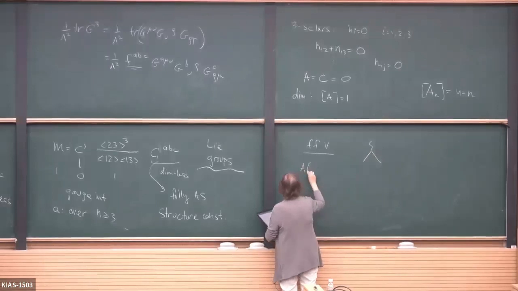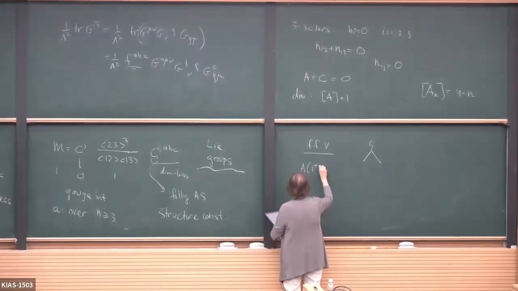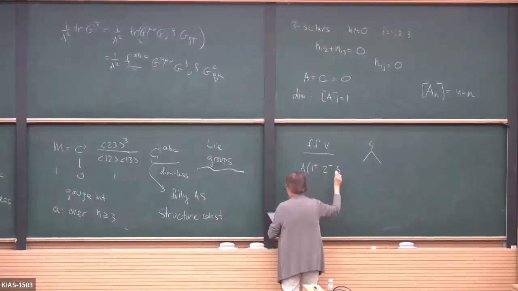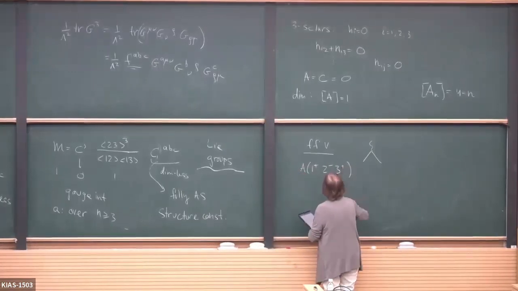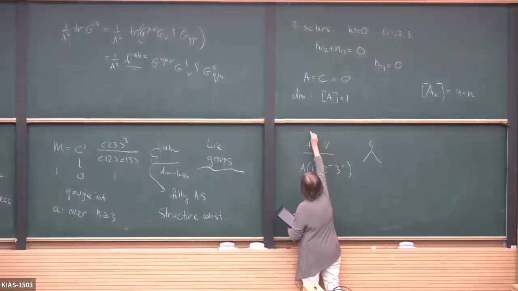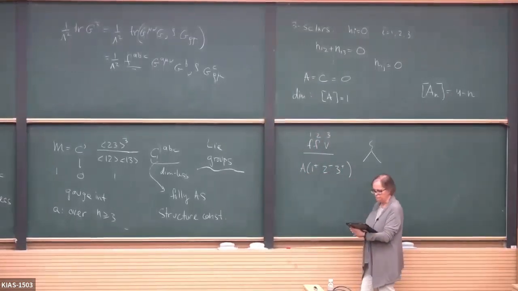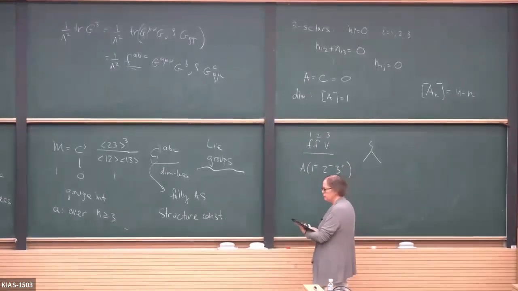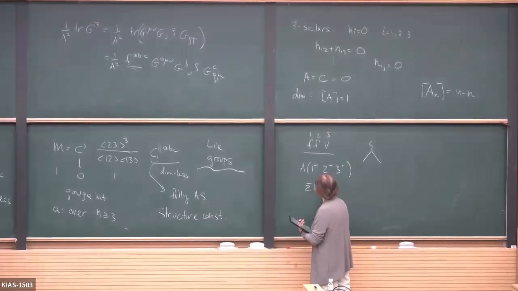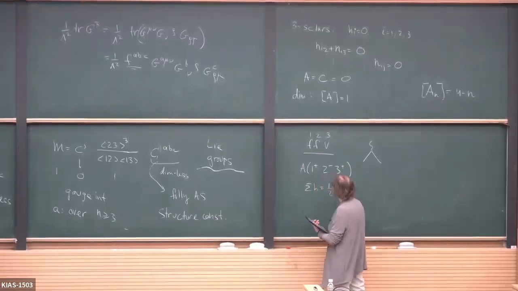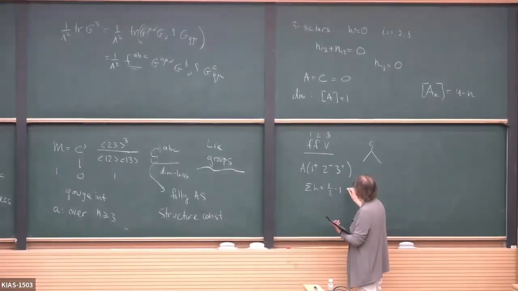And let me choose, for example, the helicities 1 plus, 2 minus, 3 plus. So this is going to be 1, 2, and 3. My vector is going to be the 3. In this case, the sum of our helicities is 1/2 minus 1 plus 1/2, which is 0.